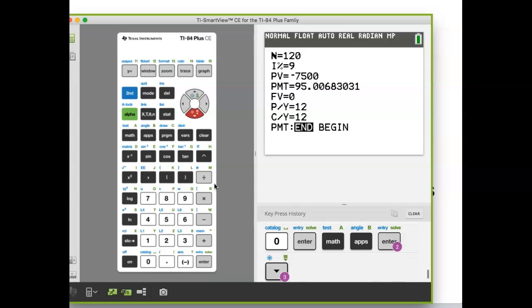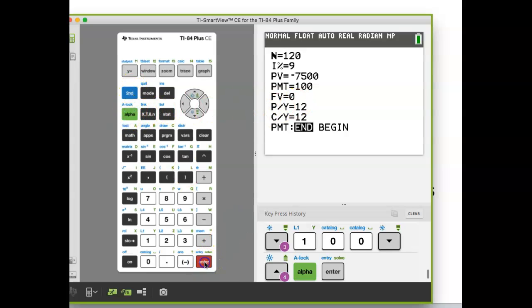And the way I'll do this is I'll say I want to make $100 payments. And I still want my future value to be 0. So what I'm going to solve for is this capital N, which is how many total payments should I be making to get down to 0? All right, so this is like 110.63, so you're going to have to make a little over 110 payments of $100.